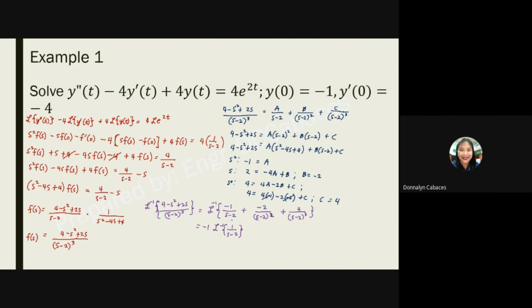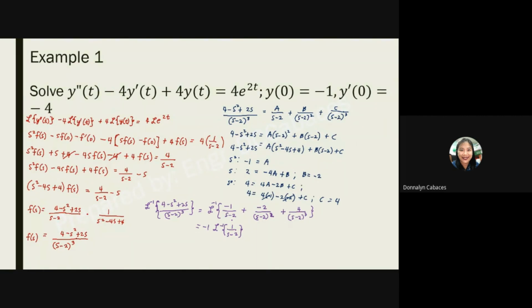What is now the inverse of negative 2 over s minus 2 squared? What theorem are we going to use? That is the first shifting theorem. That if the Laplace of f of t is equal to F of s, then the Laplace of e to the at f of t is equal to F of s minus a. So we are to shift s to s minus a.